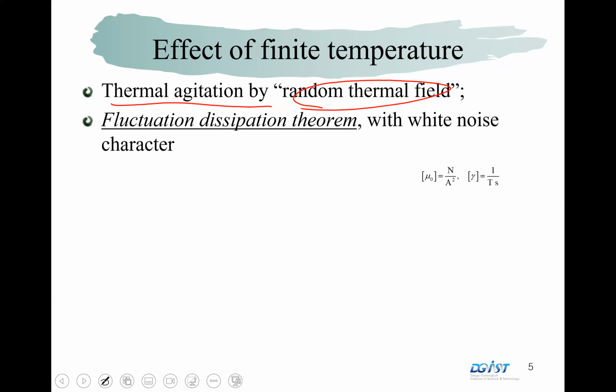So room temperature means in this air we have a lot of molecules, oxygen and nitrogen. They are moving randomly, right? And their average velocity gives a certain number. If you convert it to units of Kelvin, that's the temperature.